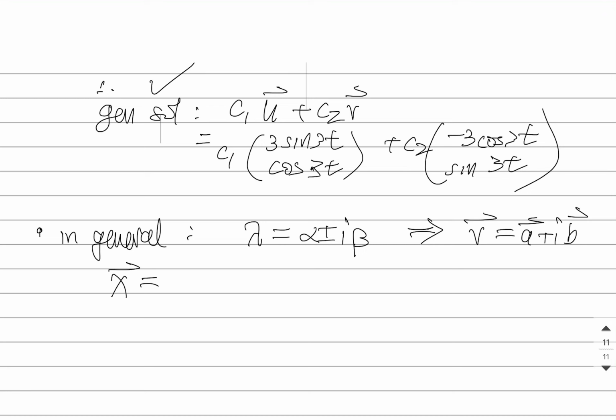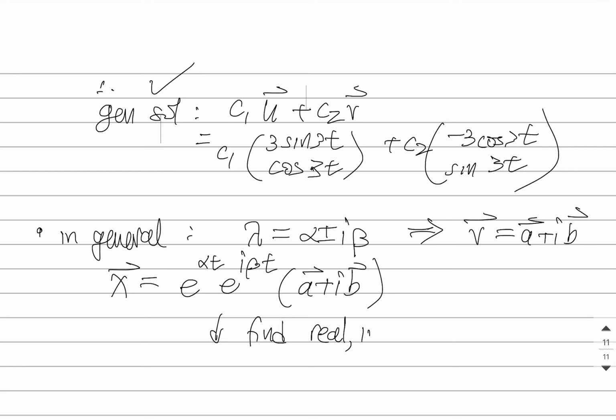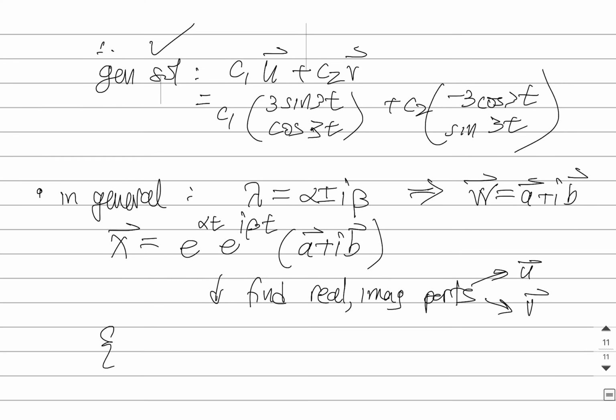It'll be e to the lambda t, e to the i beta t times this a plus ib. You're going to find the real and the imaginary parts. Sorry, we'll call that w up there. The real part will be u, the imaginary part will be w, and you can show that this will be a fundamental set.